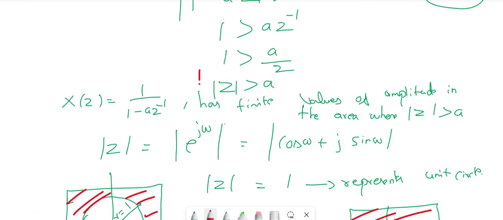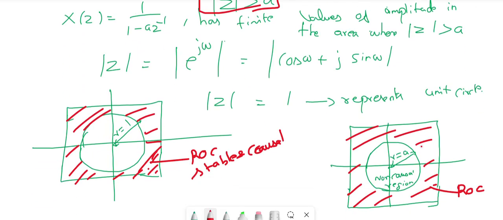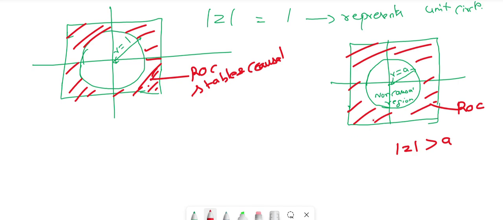Modulus of z should be greater than a. This is the ROC. So this is the ROC and the causal region.